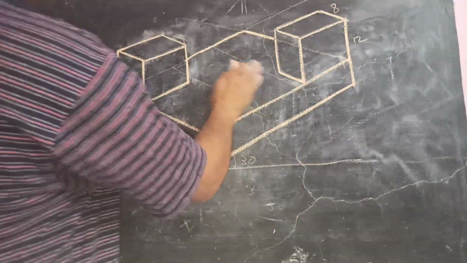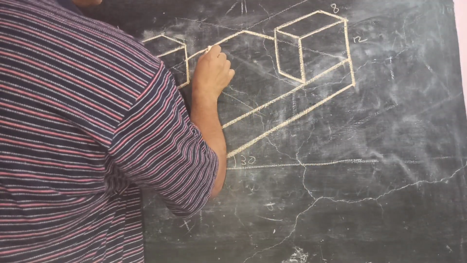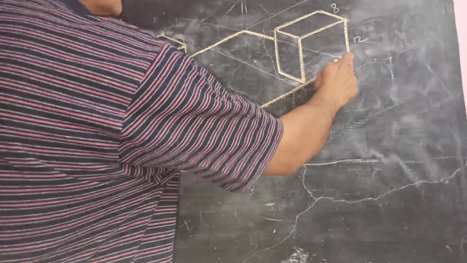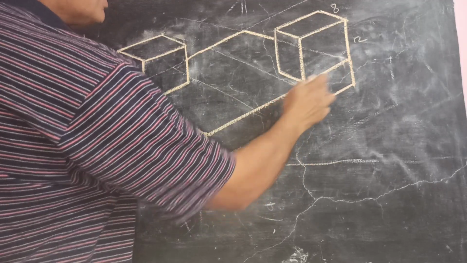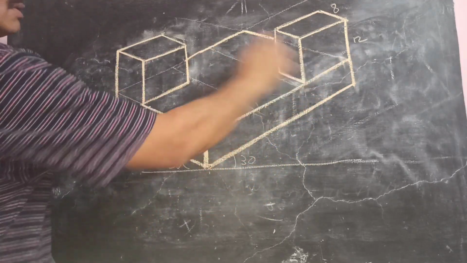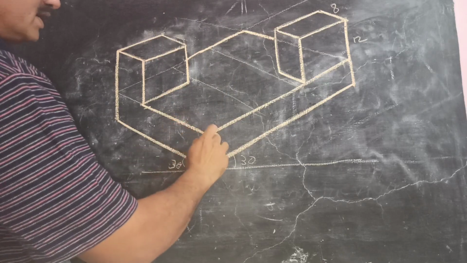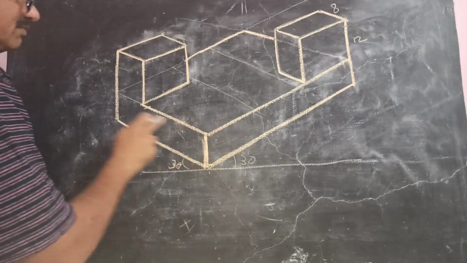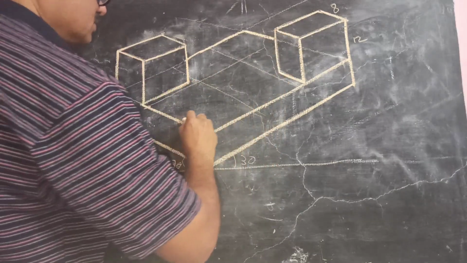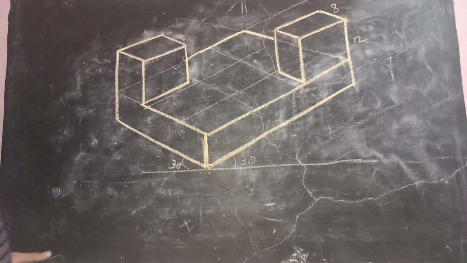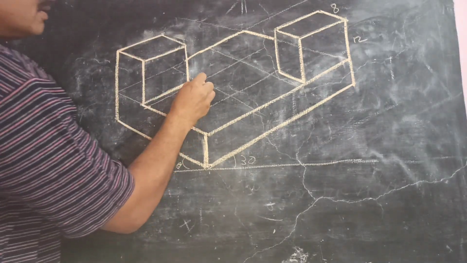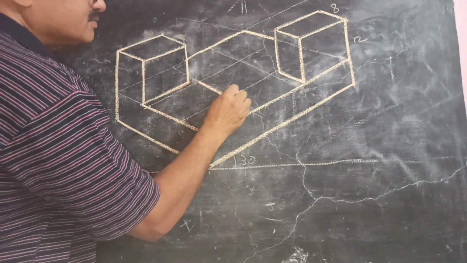So this will be your 20 mm. This is 16, this is 20. Draw a line parallel to this. From here draw a line parallel to this, because this is 10 mm, this is also 10 mm. So this is the hole which we are having. Make it dark.